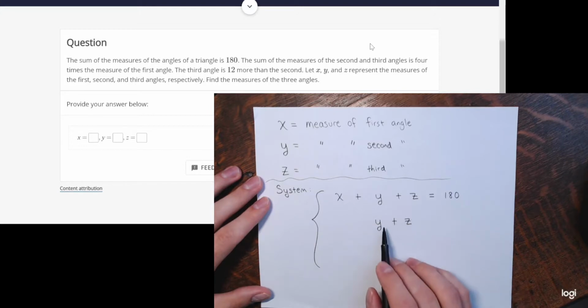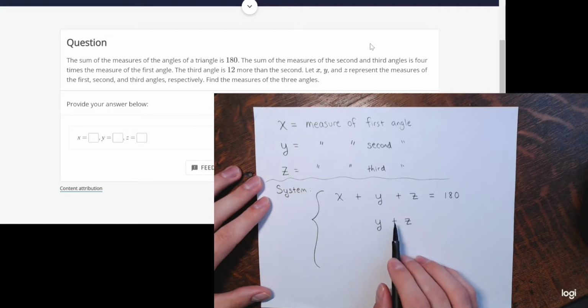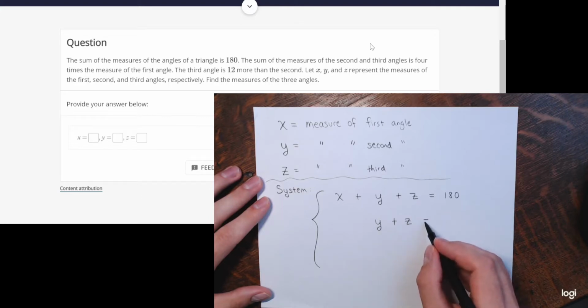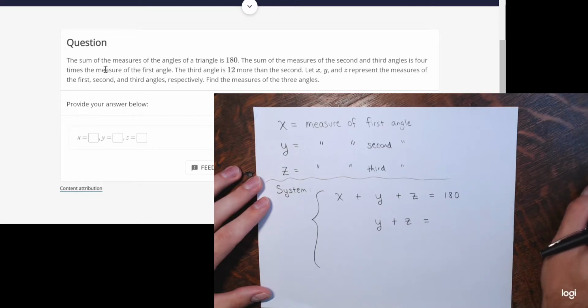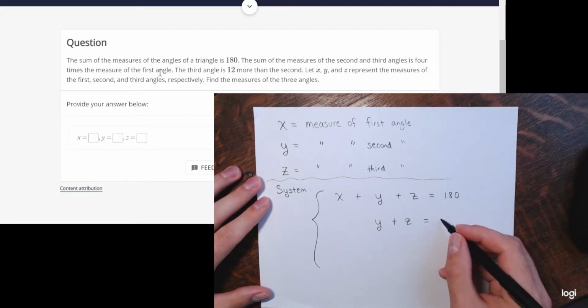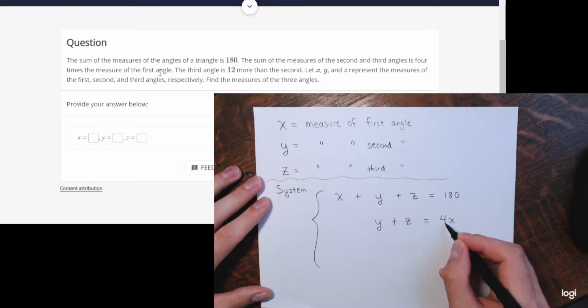Then after the word is, it says 4 times the measure of the first angle. So the right side of this second equation is going to be 4 times x, right? 4 times the measure of the first angle.